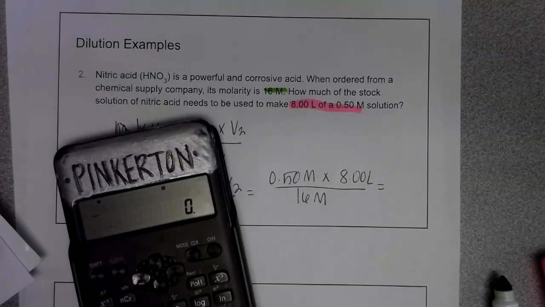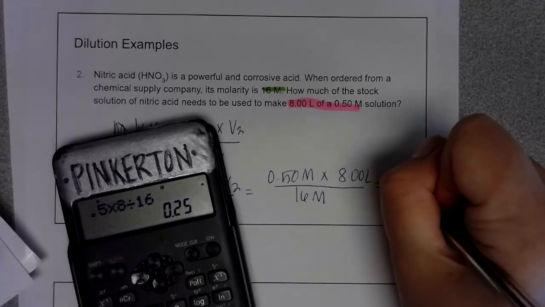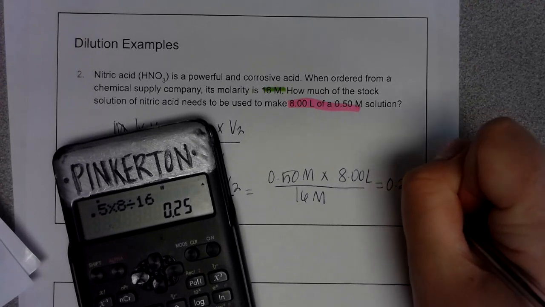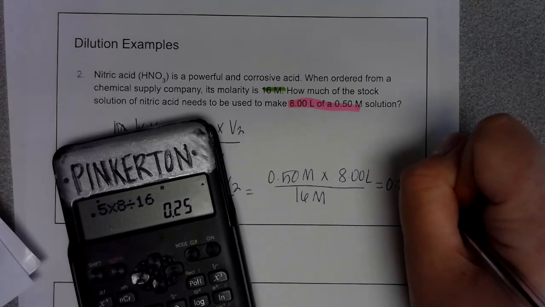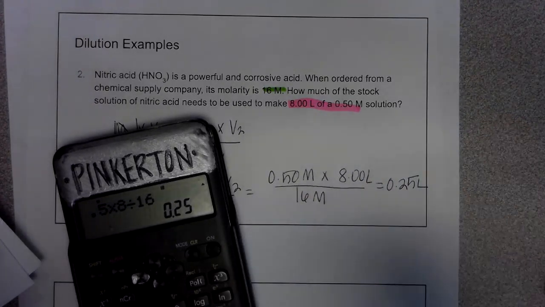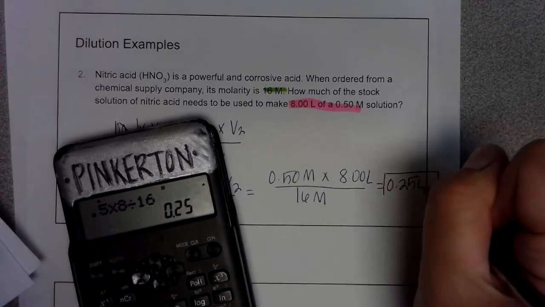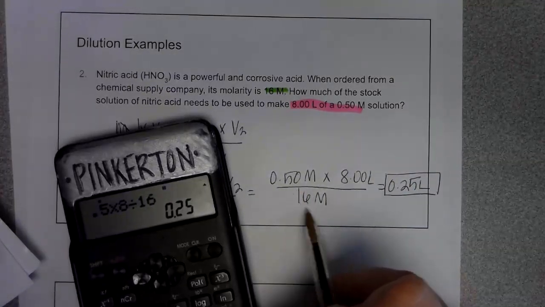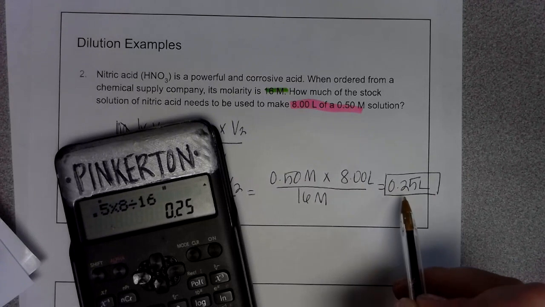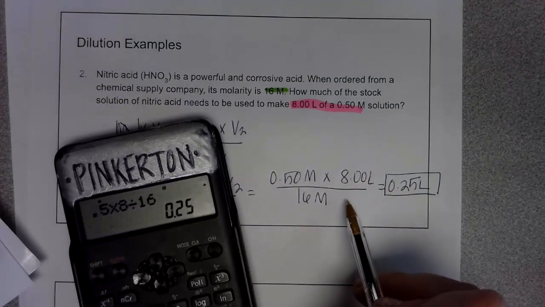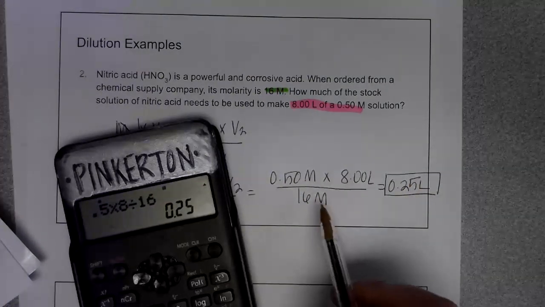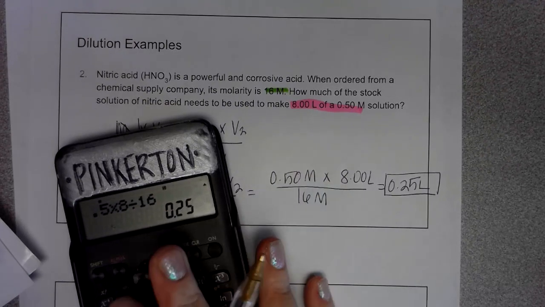So 0.5 times 8 divided by 16 gives me 0.25 liters. I want two significant figures, so that works out: 0.25 liters of the 16 molar stock, which I would dilute with water to give me this molarity.